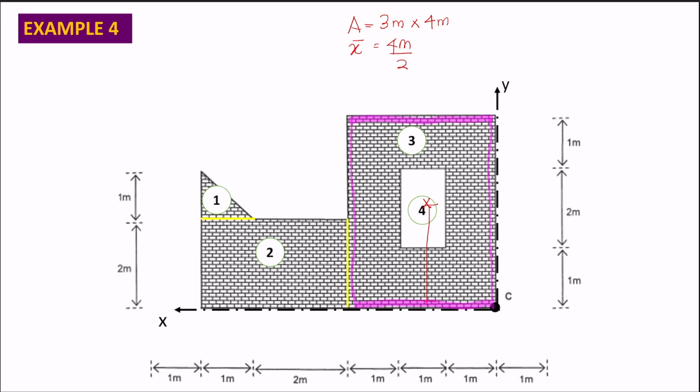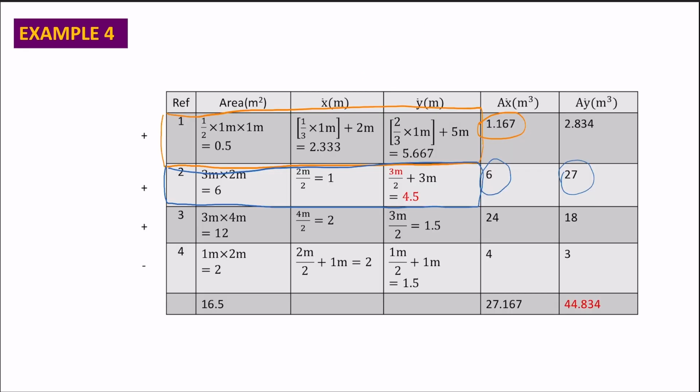And to get the y bar, from the centroid of the rectangle to the y-axis, it should be half of the breadth of the rectangle, which is 3 meter divided by 2. And refer to this table. The calculation is here. AX bar and AY bar, you can get the value by repeating the same process as the previous section.